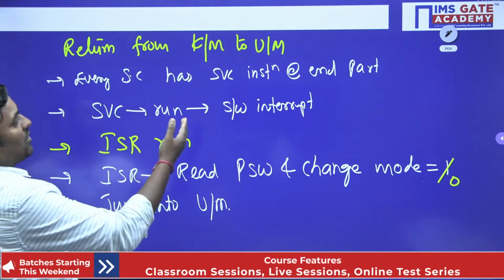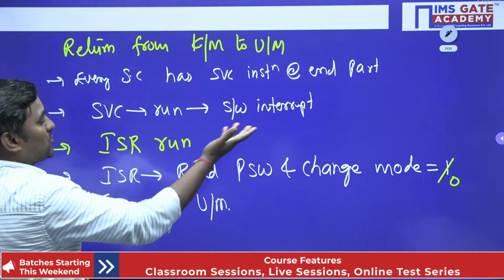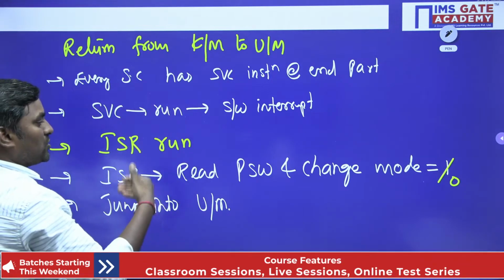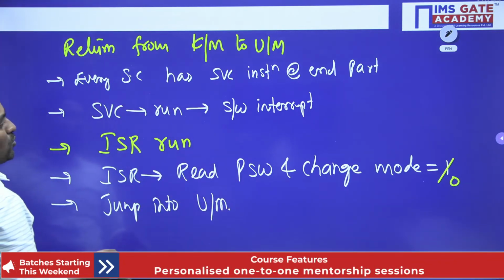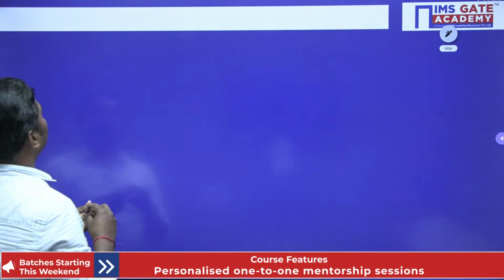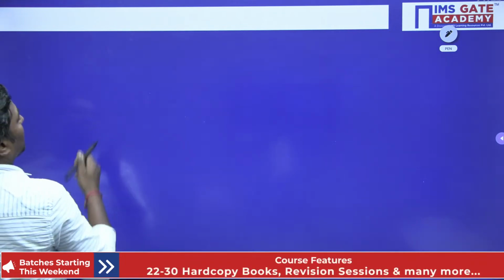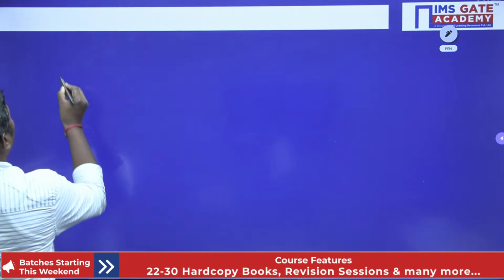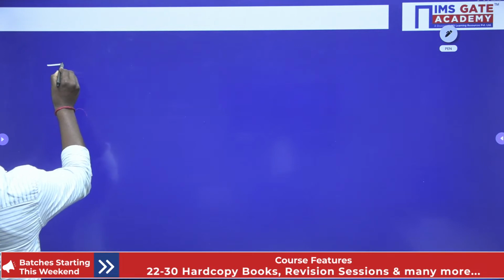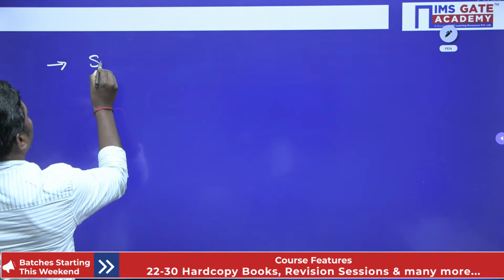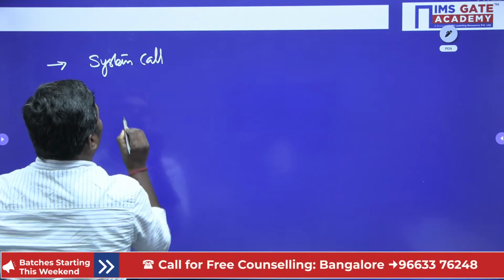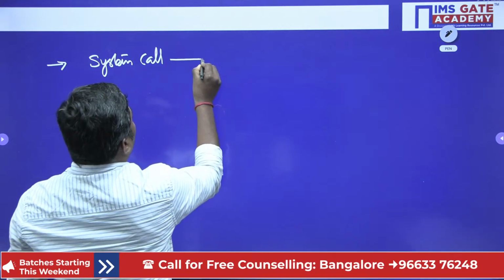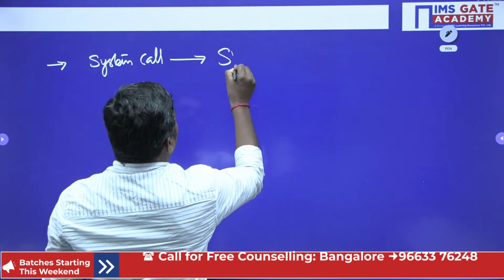So the supervisory call, again what happens? It generates a software interrupt, runs the ISR, and changes the mode bit in the process status word to jump back into user mode. Now I am making this framework clear by marking the simple steps. Whenever a system call is encountered, the system call is replaced by the SVC, the supervisory call.